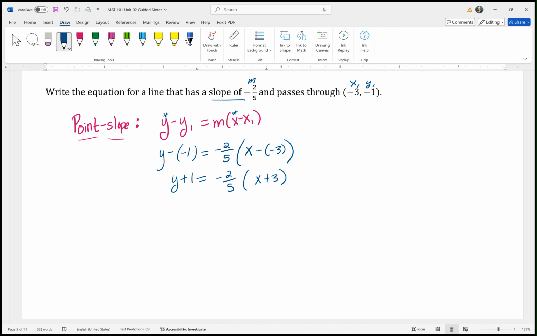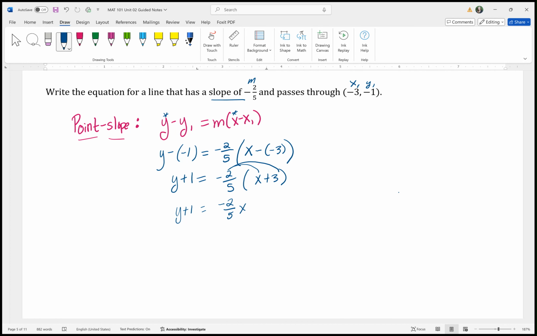Next step, we have parentheses over here, so we are distributing on the right-hand side. Be careful, we are distributing in a fraction, so this is where your calculator will come in handy. Okay, so y plus 1 equals, let's distribute this. Remember, there's a 1 in front. This is going to be -2/5 x. And then we are multiplying -2/5 times 3.